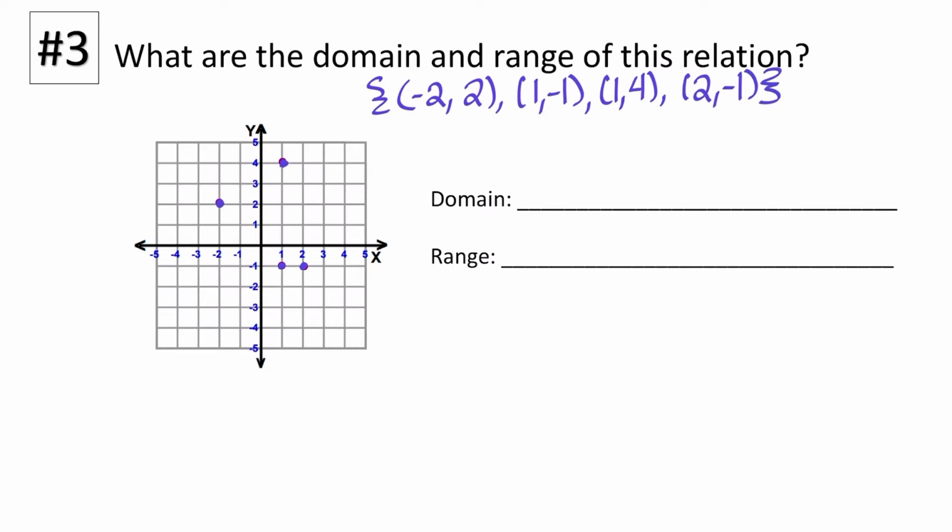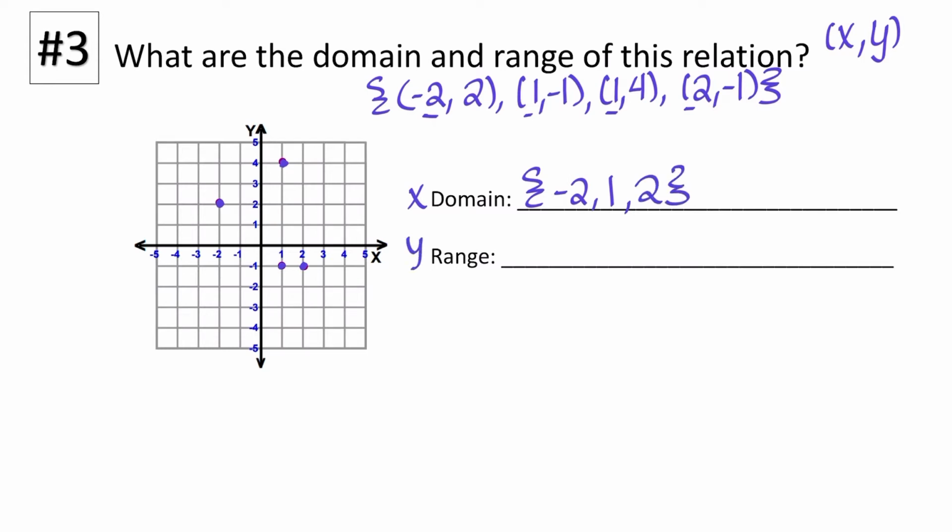So remember, domain is all of the X values, and in coordinate pairs, the X comes first and Y comes second. So I'm going to list out all of the values that come first in each of these ordered pairs. So the domain will be -2, 1. I don't need to write a repeated value twice. So I have 1 twice. I only need to write the 1 once, and then I have 2.